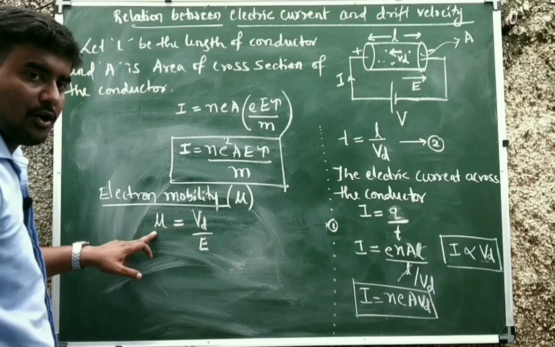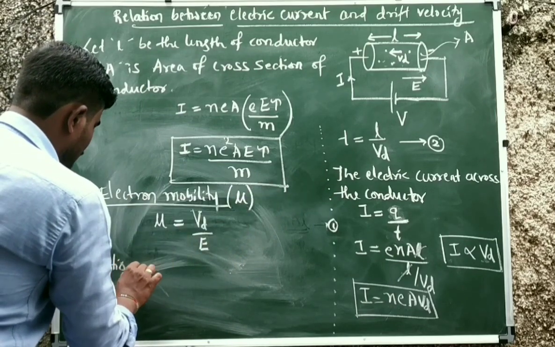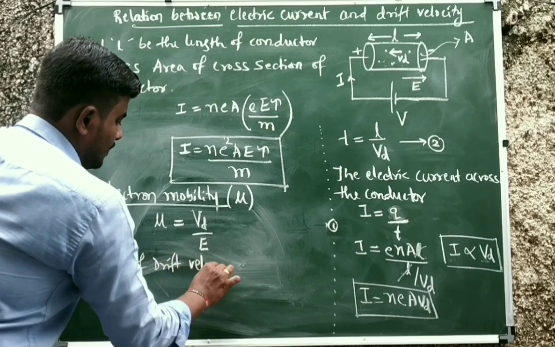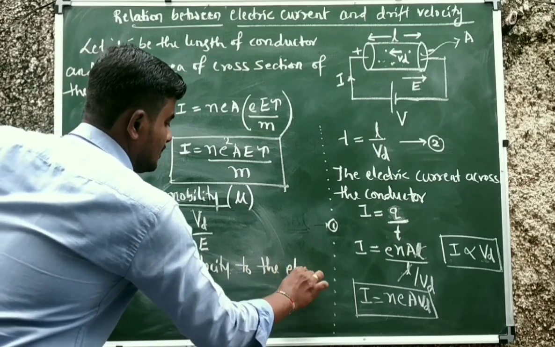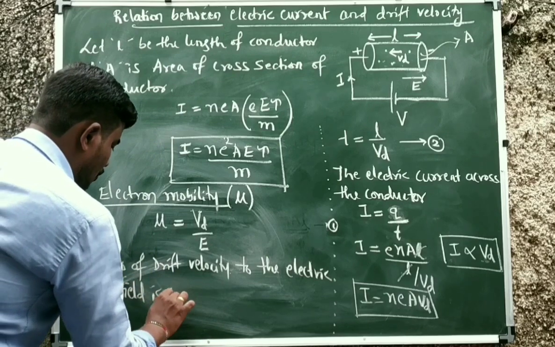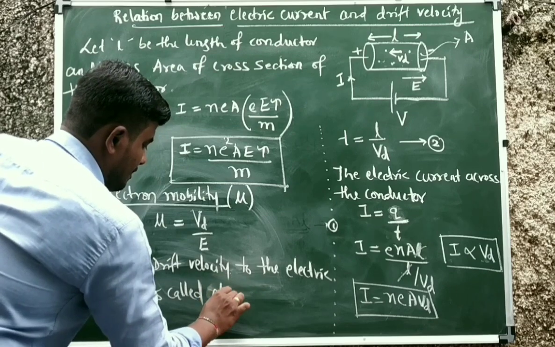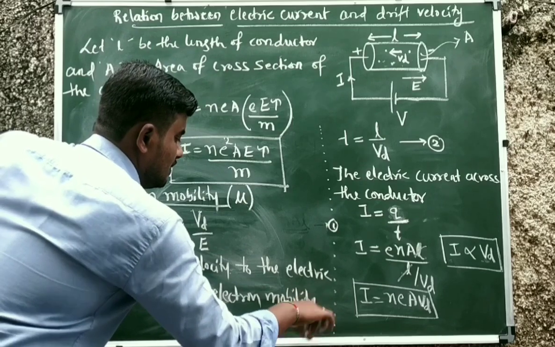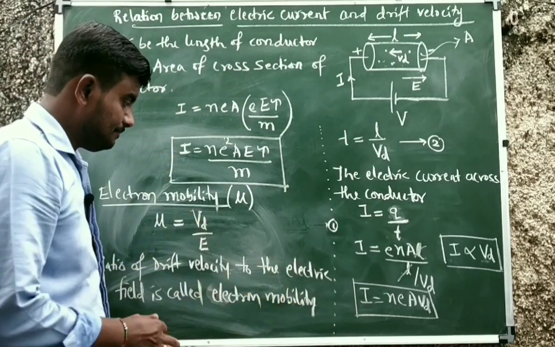The ratio of drift velocity to the electric field is called mobility or electron mobility. Mobility means move.